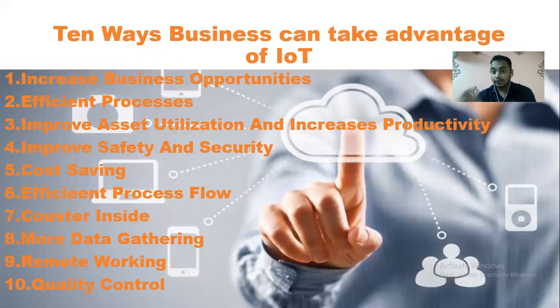If the machines are working in your business, then automatically the accuracy of the machine is very good, better than a human being. So you will get a higher quality product from the technology. That's why you must use IoT technology in your business.